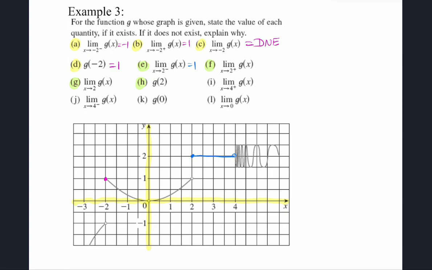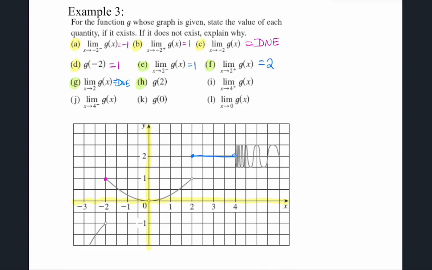Now, F has that little plus notation, so it means I'm coming in from the right. If I come in from the right side, what height am I approaching? 2. So does the limit exist? No, because E and F do not match. That's a does not exist.